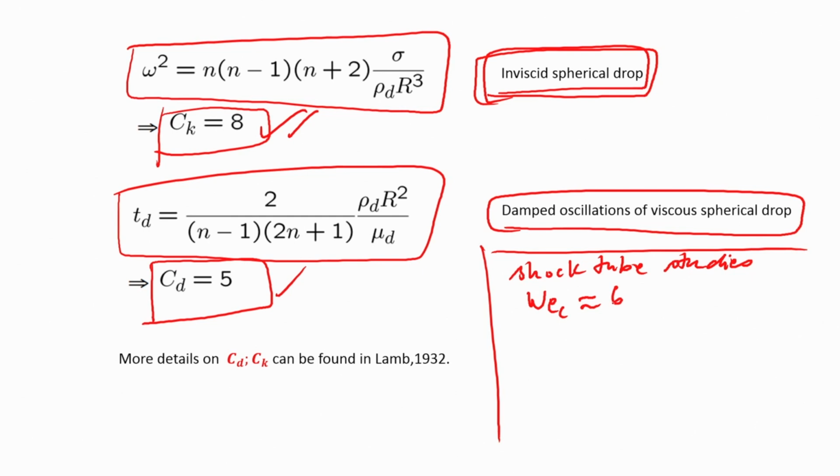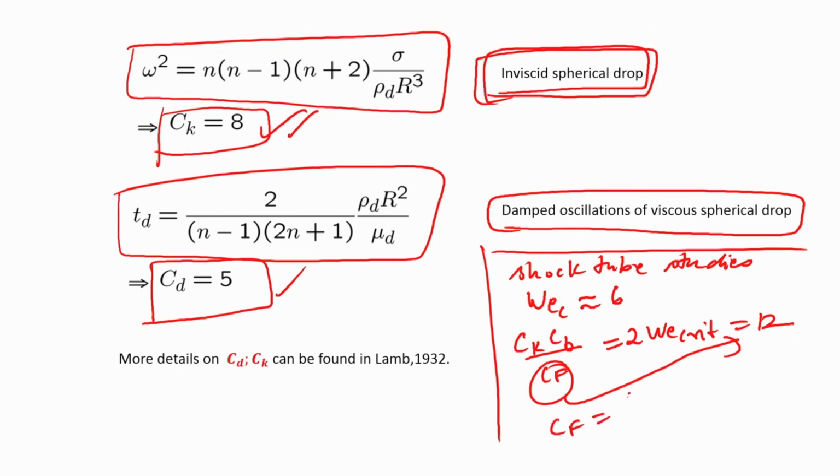So, based on that, substituting that value of the Weber number, C k C v by C f is approximately equal to 2 times the critical Weber number, that gives a value of approximately 12, right. So, from there you can back out what the value of your C f is going to be, okay, because C k and all the other things are known. So, C f usually becomes 1/3 from this exercise, right.